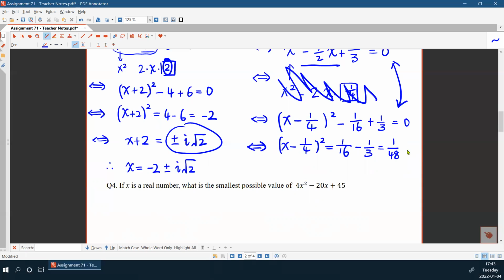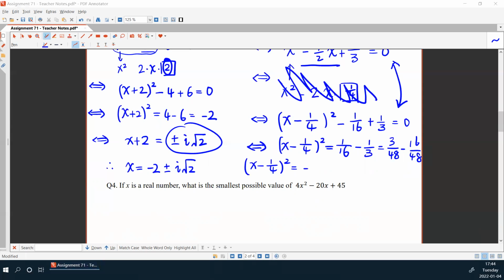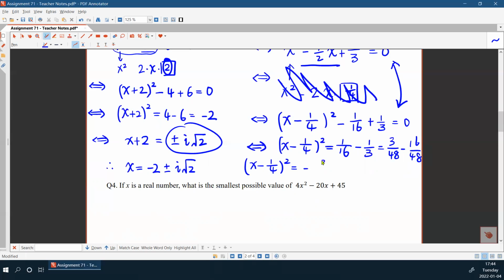So 1 over 16 is 3 over 48, then minus 16 over 48. So that means (x - 1/4) squared equals -13 over 48, right?